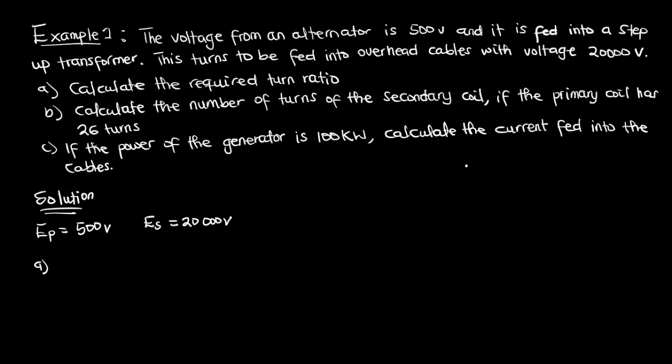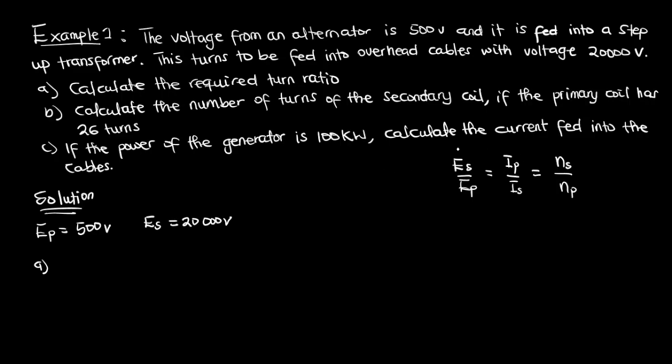Okay, so A, we are to calculate the required turn ratio. Now in our previous video when we looked at transformers, we said that the ratio of the secondary voltage to the primary voltage is equal to the ratio of the primary current to the secondary current, which is also equal to the number of turns in the secondary coil to the number of turns in the primary coil. This is the expression that we have.